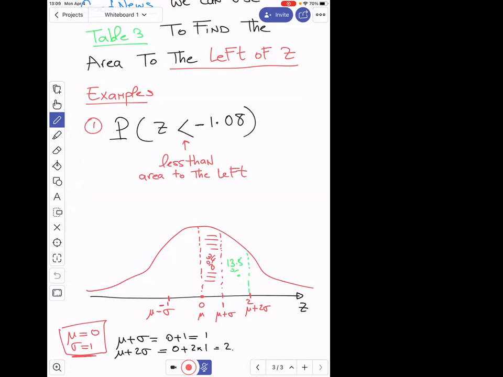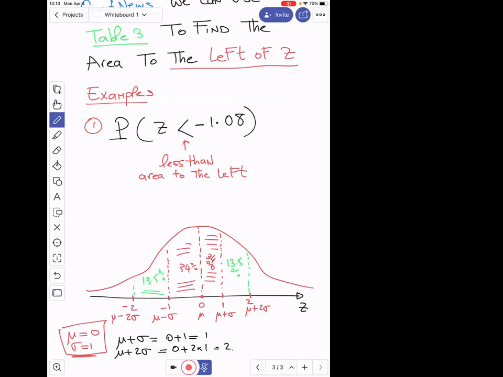So this is -1 here. That's my mean minus sigma, and I know this is like 34%, right? And if I do mean minus 2 sigma, that's 0 minus 2, that's -2. And I know the area of this region here is 13.5%, etc.